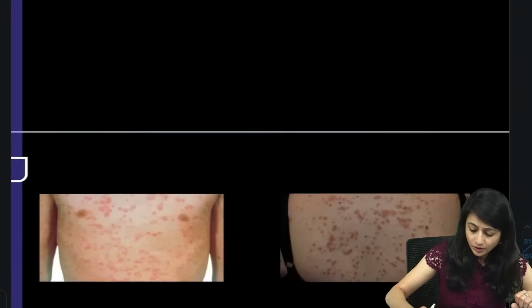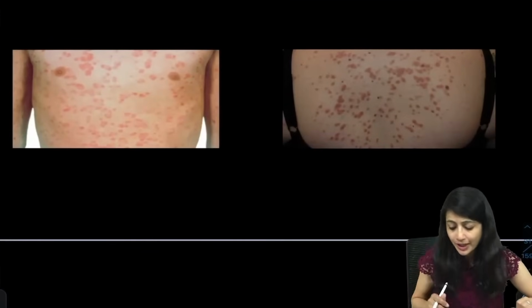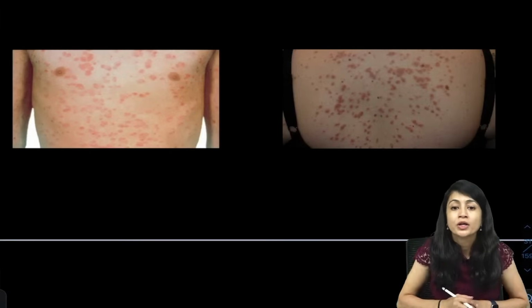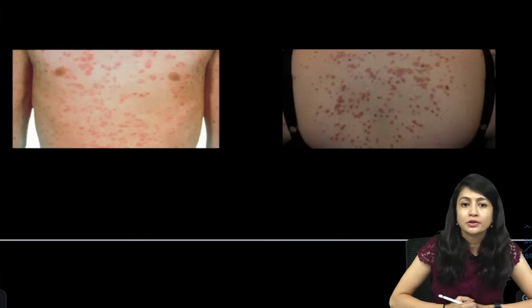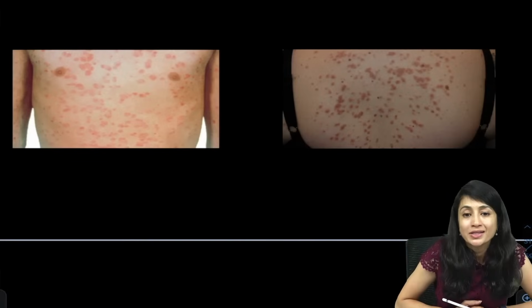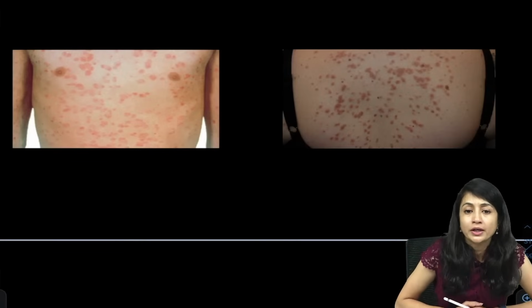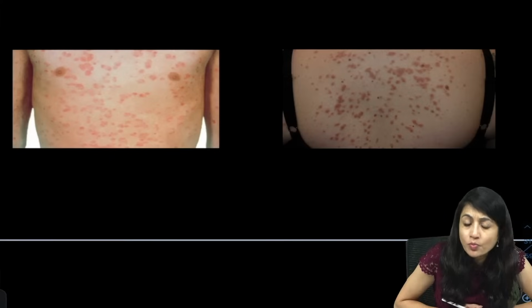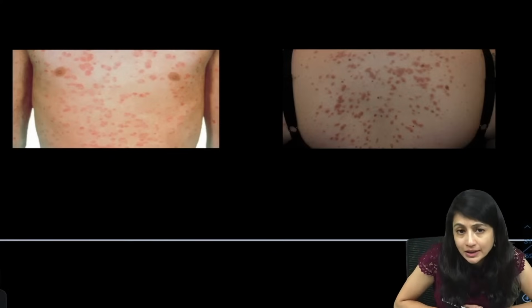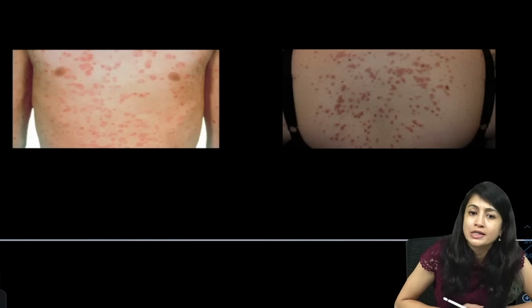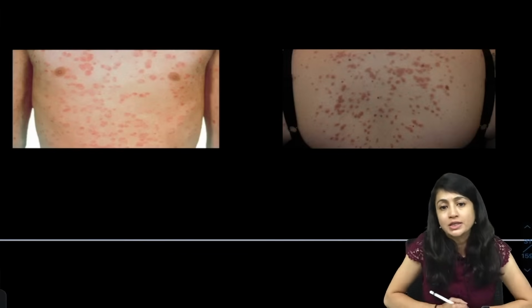Right? Okay, great. So next, I'll give you a brief history and then tell me what do you see. A 13-year-old child presents to you with numerous monomorphic erythematous small plaques which are slightly scaly on the trunk. The mother gives history of sore throat 2 weeks prior to development of these lesions.